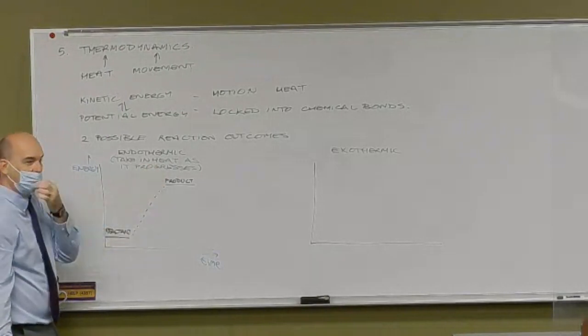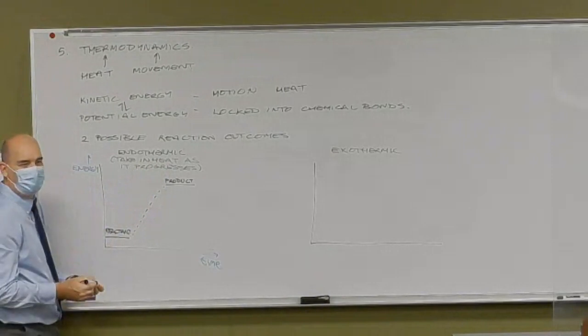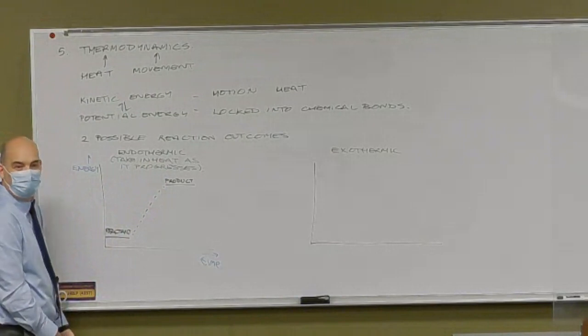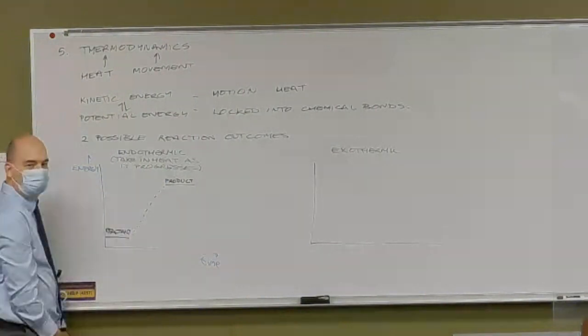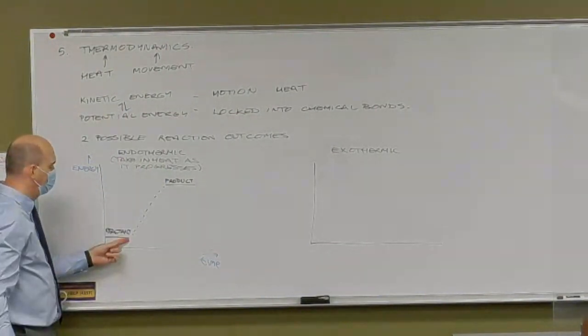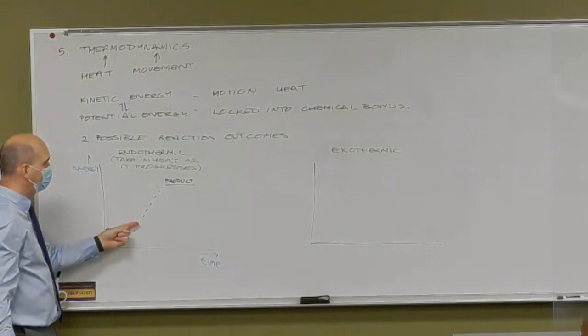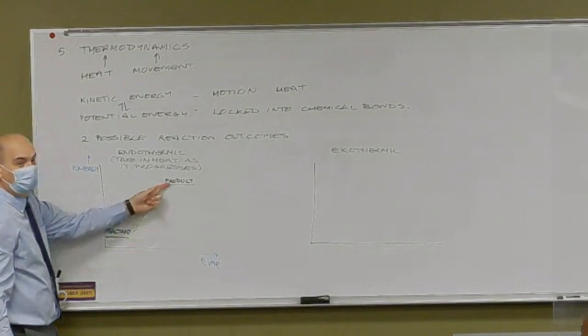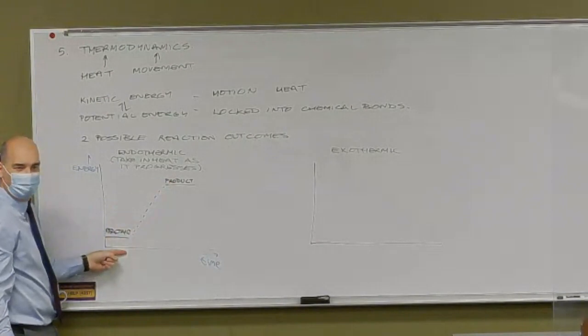If this is just a straight line, then what would happen is the reactant would take in heat, turn into the product, and then there's no barrier to stop that product from giving the heat back out again. So it would just turn back into the reactant.